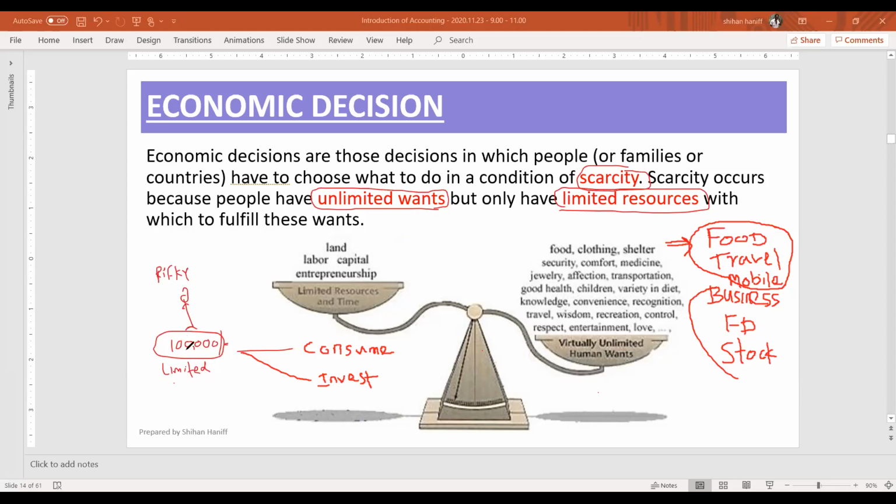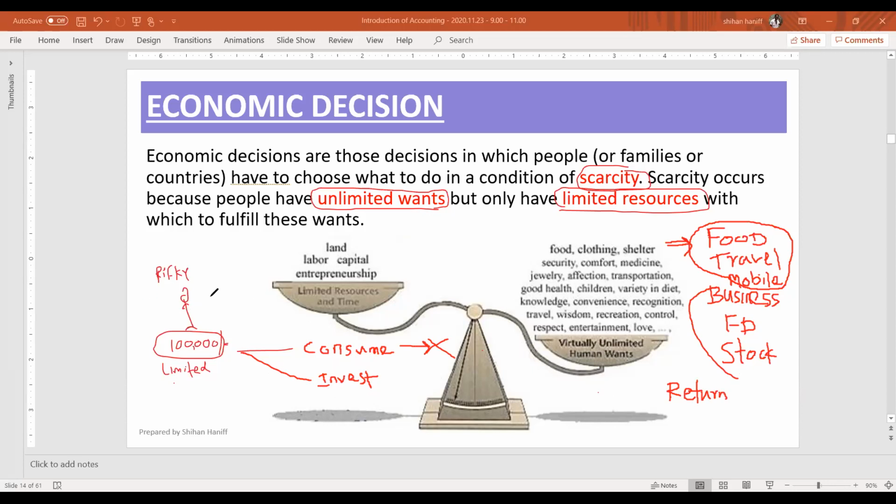So from this 100,000, either he can consume or he can invest. If he consumes, that is over. Nothing will remain. But if you invest, you will get a return for this investment.